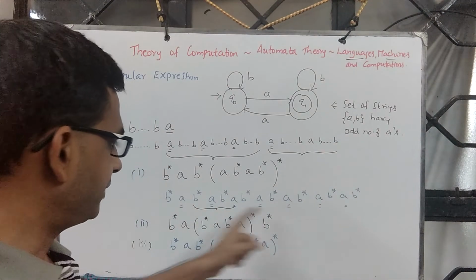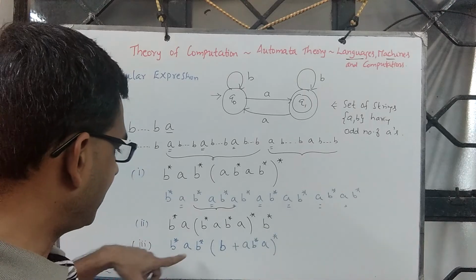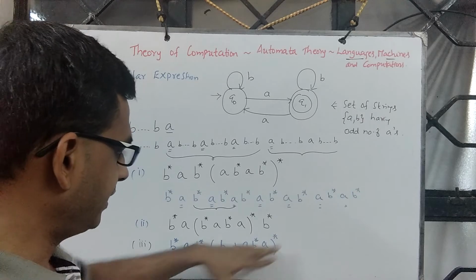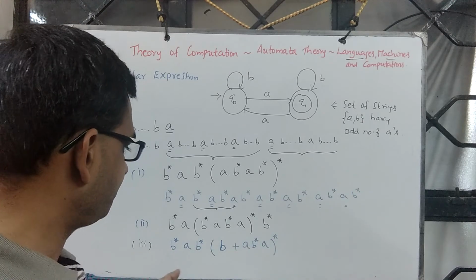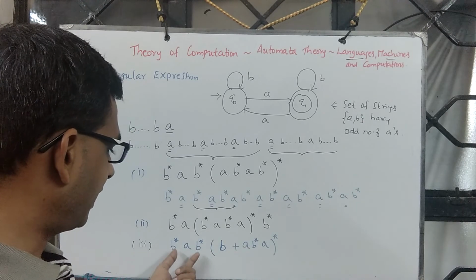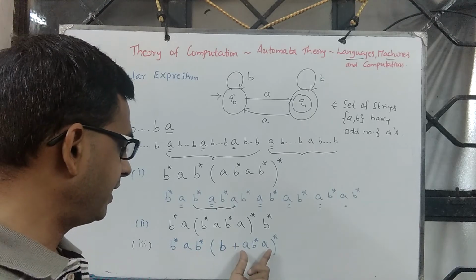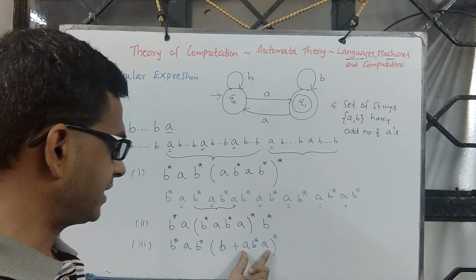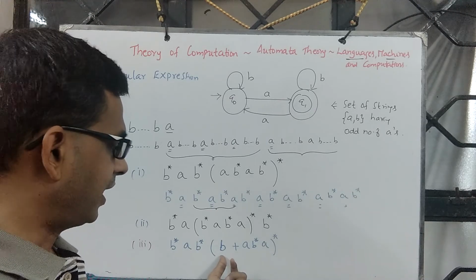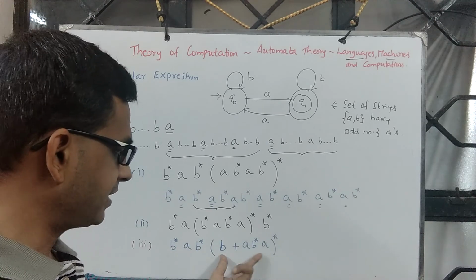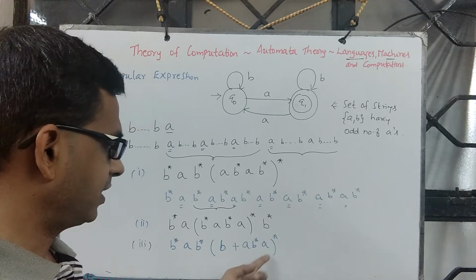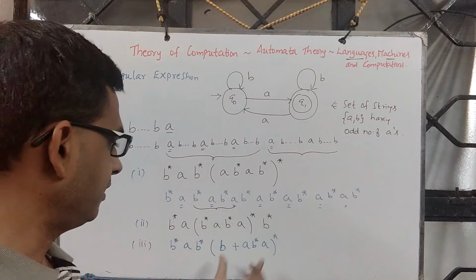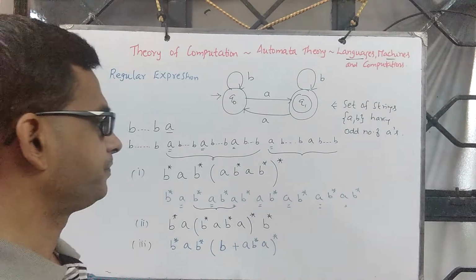So if you carefully observe this, you may simply accept B star A B star, then in that case you take epsilon from this. Or after this you may read AB star A, then you may read B star, then take this. After reading B star you may read AB star A, then take from this. So like that you can also look at this pattern through this expression.